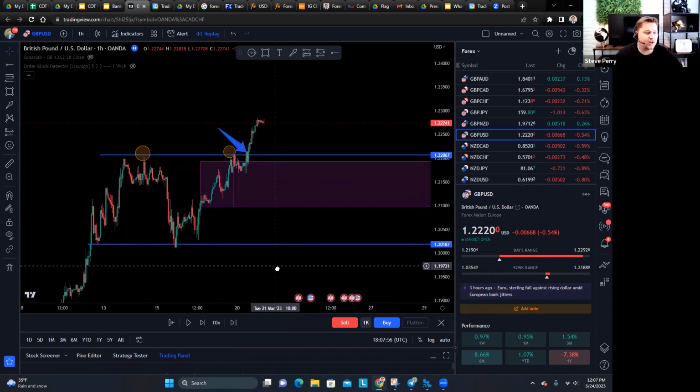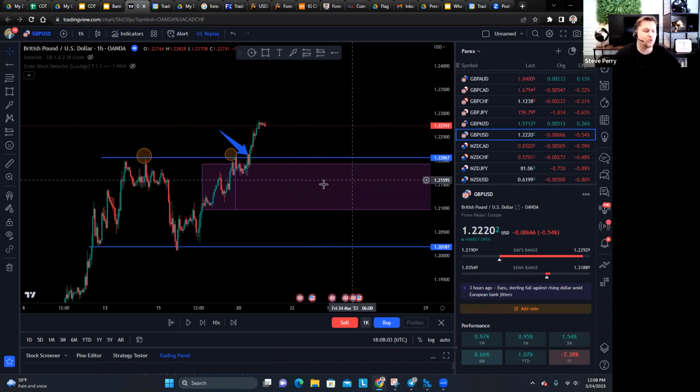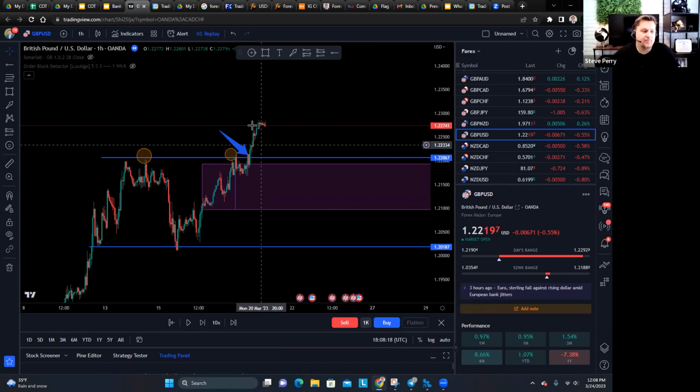So if the market ever returns back to the liquidity, not necessarily back to support, but if it returns to the liquidity, there's a good chance you're going to find a reversal because there's a lot of orders that were placed in here that ultimately created this breakout. So if you think about it, if somebody is short and this market's going up, they're in trouble, right? They're selling the market.